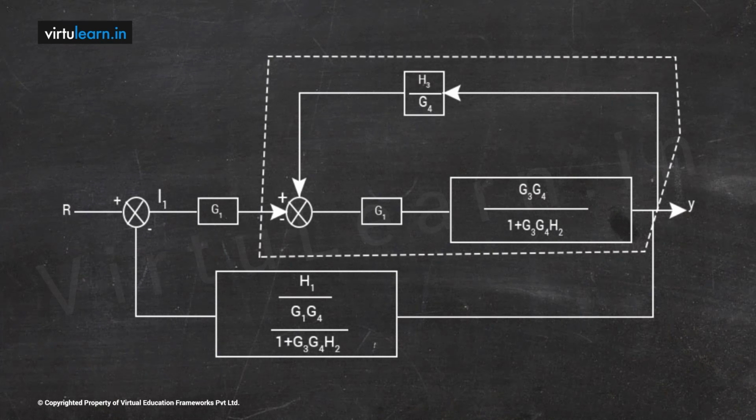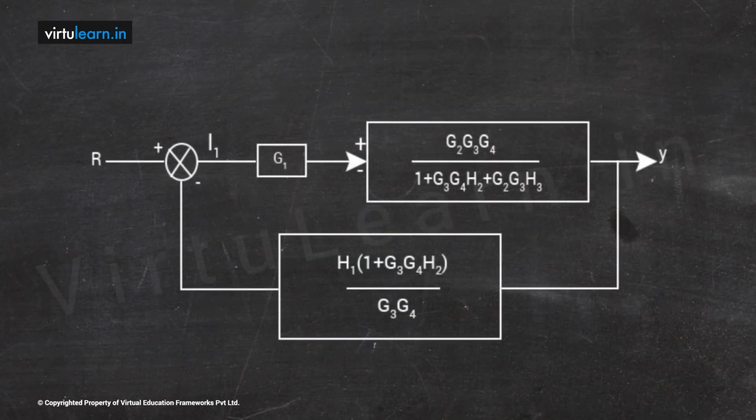Once you reduce the parallel combination, by combining those two, you will get the block diagram like this. So what will be that block diagram? G1 is already there. I have a summing point. Now here I have G2 into 1 plus G3 by 1 plus G2.